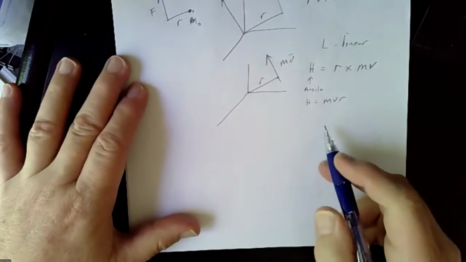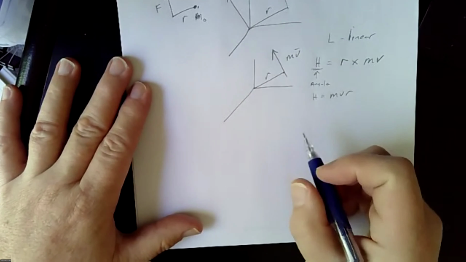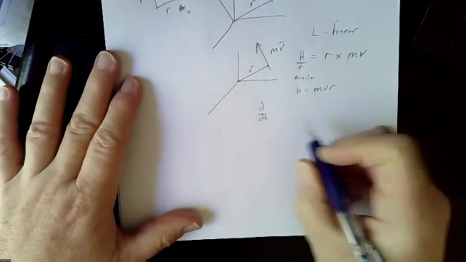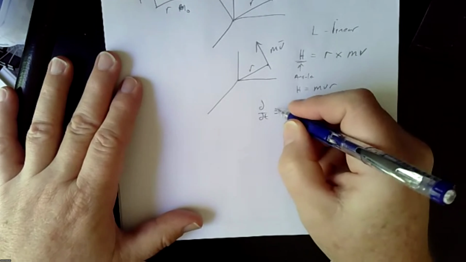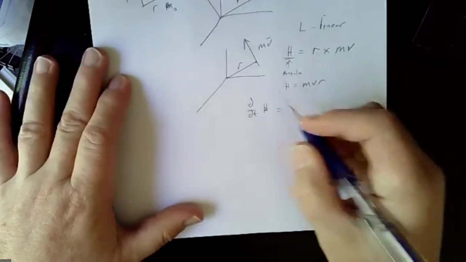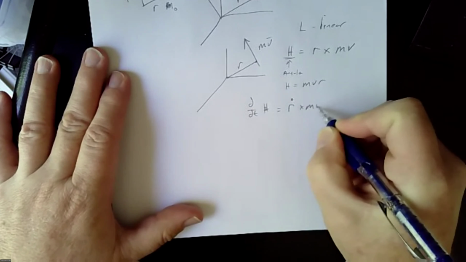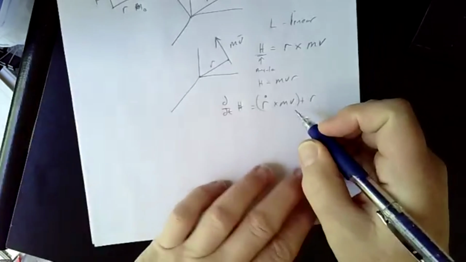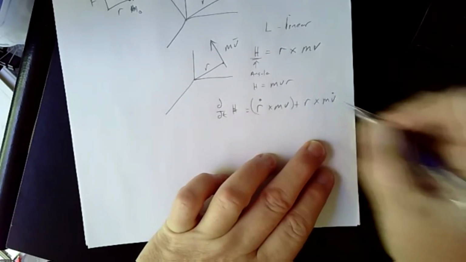Now, if I take the time derivative of this, so I take d dt, then what do I get? The d dt of H gives me r dot crossed with mv plus r crossed with mv dot.